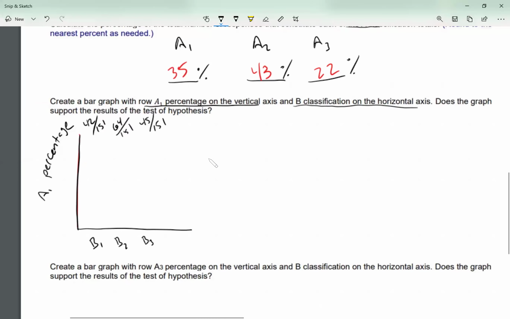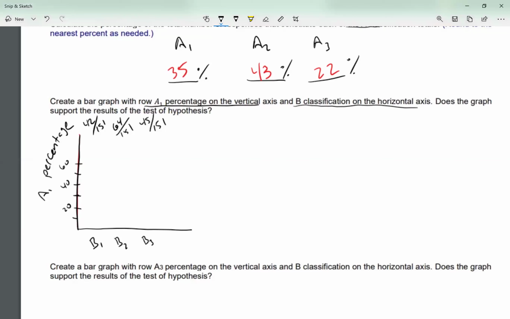Let me count this by tens. So there's 10, 20, 30, 40%, 50, 60%, and I don't need any more. From my percentages, I remember it was 28, 42, 30.